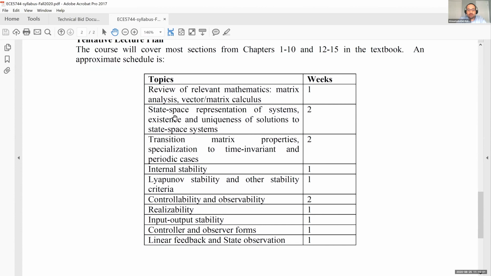We'll start by reviewing some relevant mathematics, matrix analysis, vector and matrix calculus. This is one of the objectives of the course, which is to give you a heavy dose of matrix and linear algebra, so that hopefully by the end of this course you will come out with a stronger background and base in matrix and linear algebra.